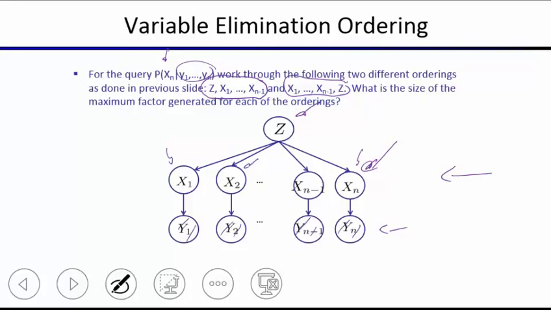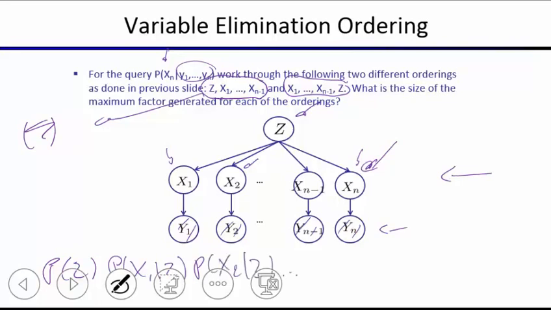So the first step in this ordering would be a join of p of z with x1 given z, with x2 given z, and so forth, all the way till xn given z.